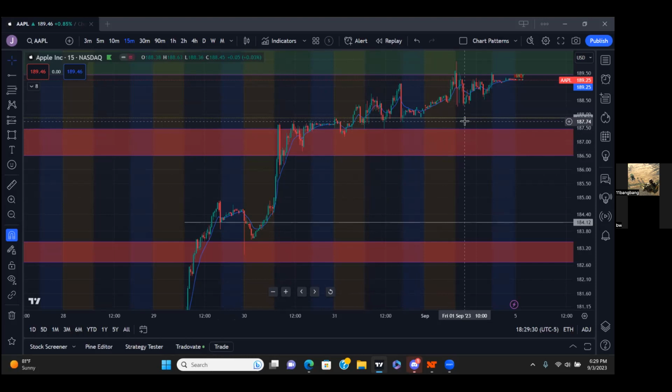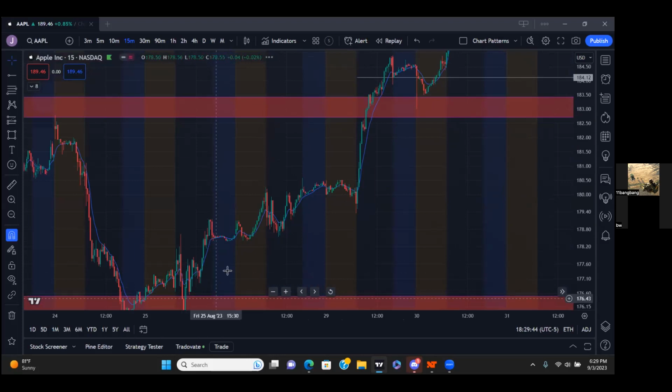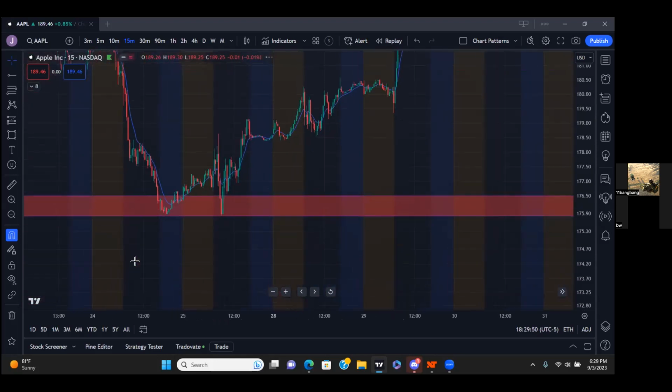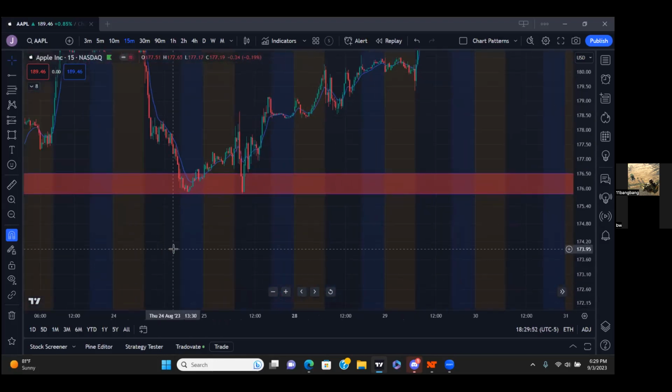If you want to take a look at August 24th with the same time frame, go back to August 24th, just drag it and zoom back. August 24th. Okay, so the beginning of that day.